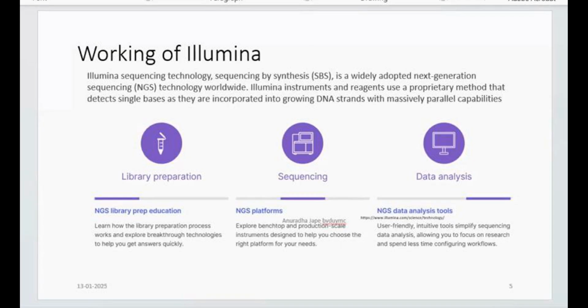When you talk about Illumina based methods, the first Illumina sequencing platform could read about 35 base pairs only and generate more than 1 gigabase of high quality sequence per run, and the time required was about 2 to 3 days, right?